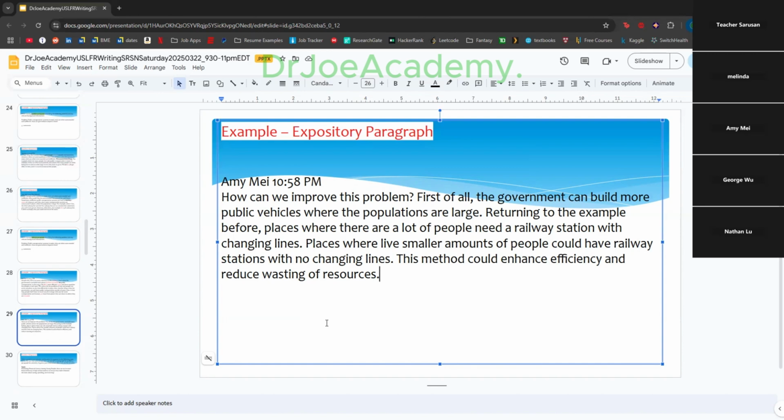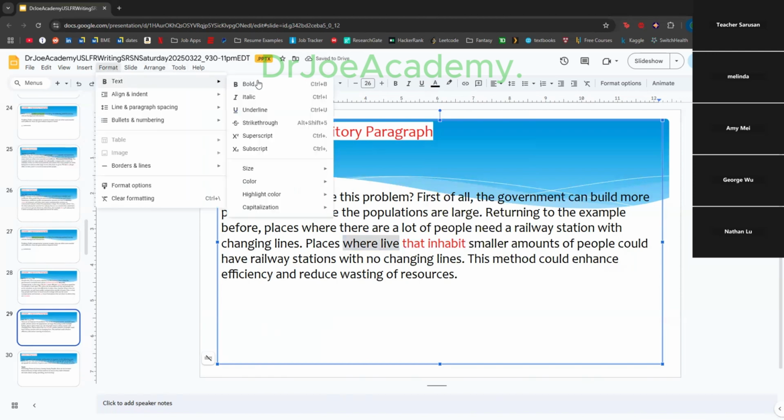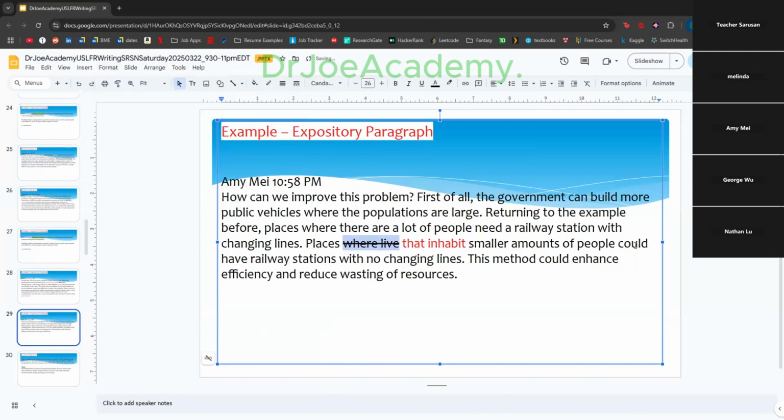Places where smaller amounts of people, so let's say places that inhabit smaller amounts of people, could have railway stations with no changing lines. This method could enhance efficiency and reduce wasting of resources.